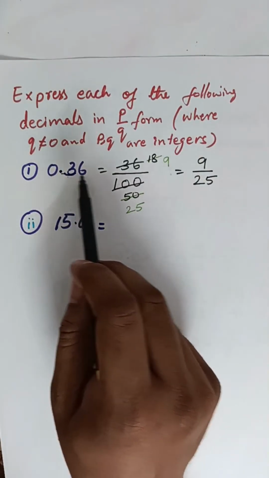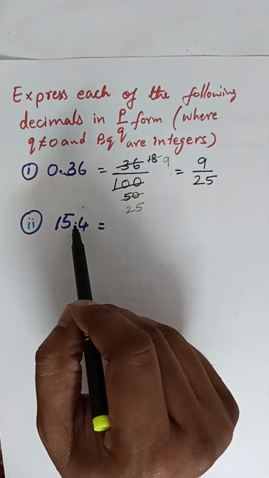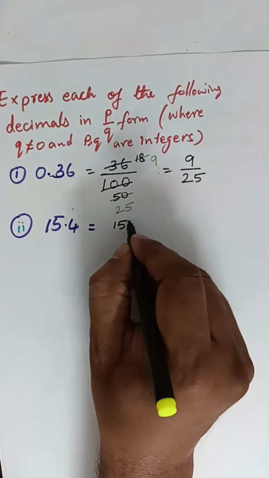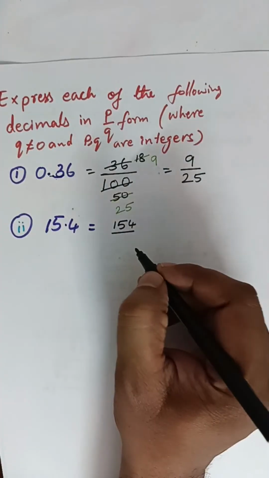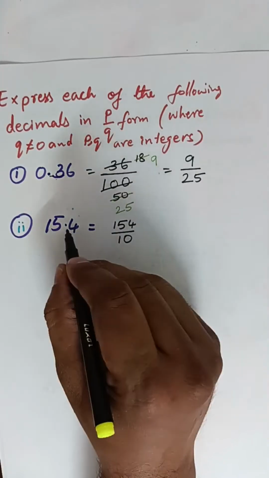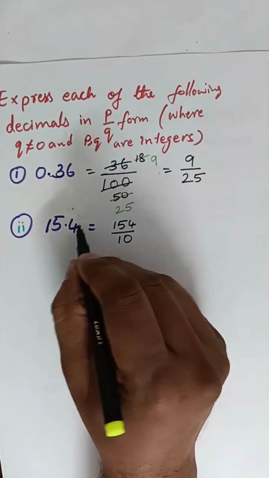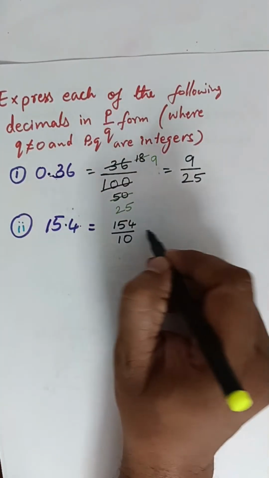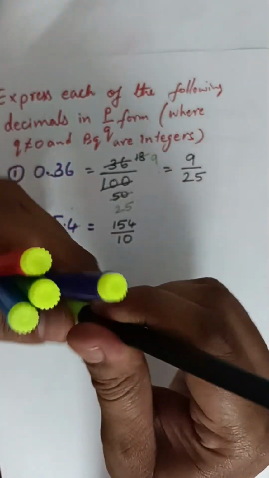Here we have only one. Without the decimal, write the number 154. In the denominator, write 1 with one 0. Why one 0? Because after the decimal we have only one digit. Now simplify it.